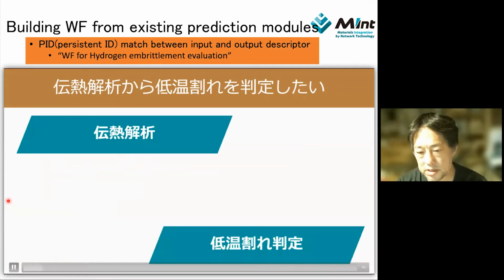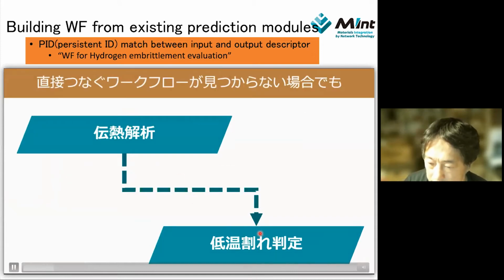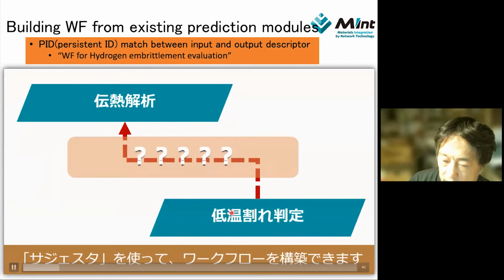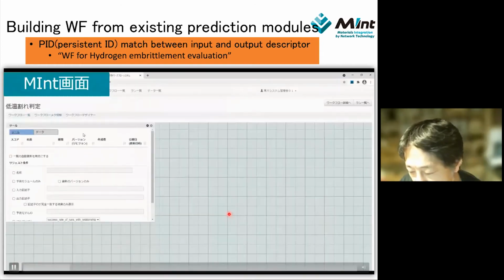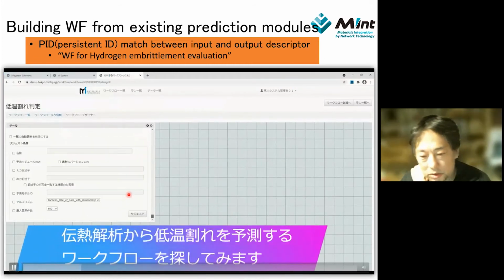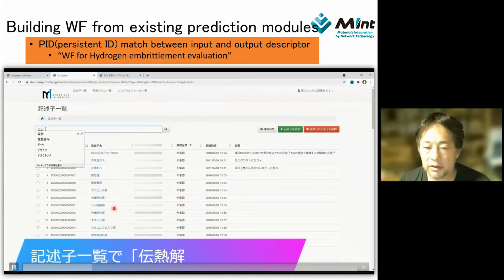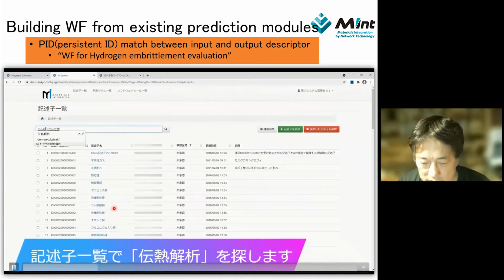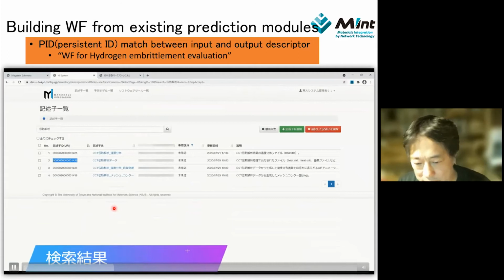So in this case, the thermal conductivity analysis and the brittle distinguish the brittle. We don't have any workflows because of the very long distance between descriptors from the start point and end point.